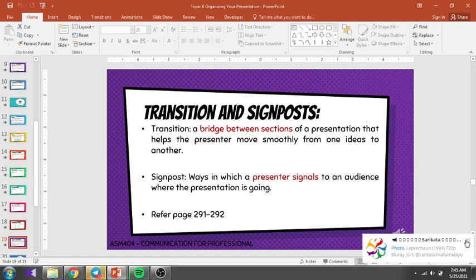Sorry, this one. Transition is when you want to switch from point A to point B. And the signpost is a way in which presenters signal to the audience. Now let's move to the solution to tackle the problem. We have method one.